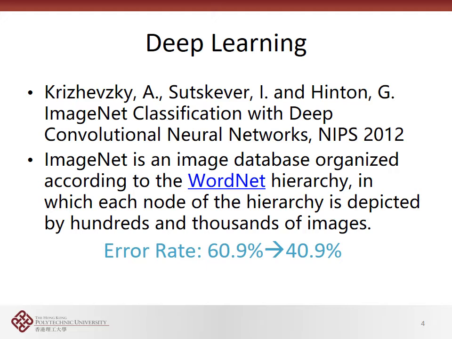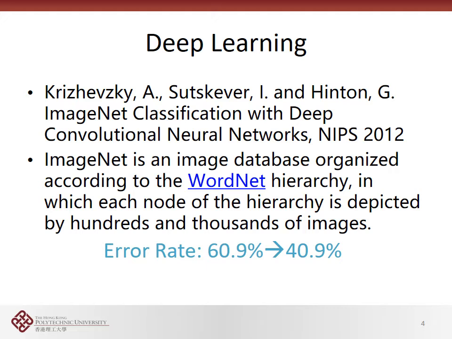The classification task is to classify these images into different categories, such as house images, car images, person images, or pet images. Given an image, the algorithm can automatically classify this image into the correct category. This is the classification task on ImageNet.